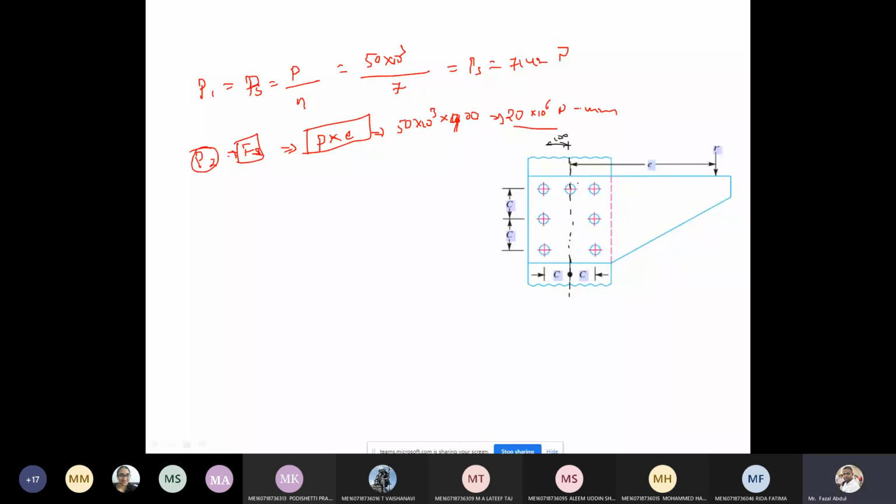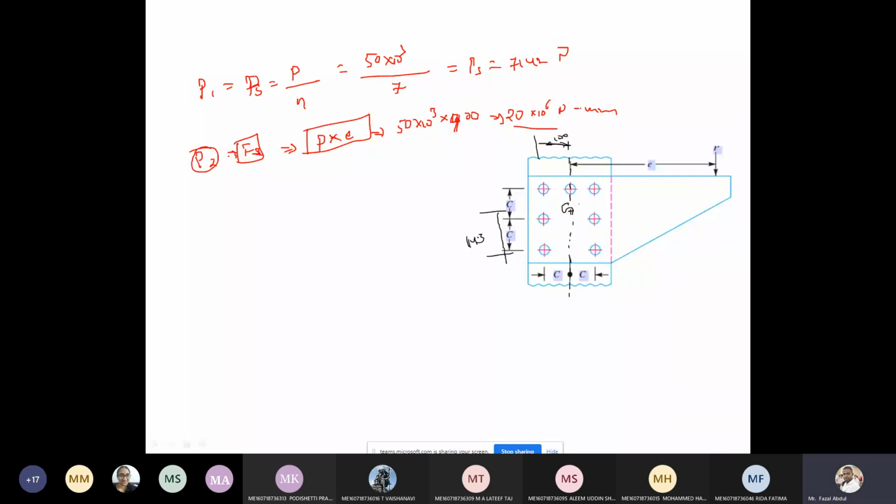Y bar we got as 114.3. It means up to here 100, somewhat 114.3. It means the center of gravity is here. From here to here is 114.3, and from here to here 100. That is the center of gravity G.